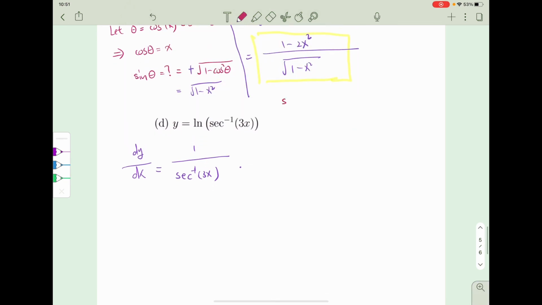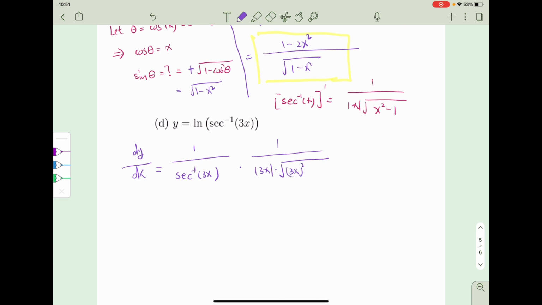I'm writing that here to remind you, it is a little bit complicated. The derivative of this is equal to 1 over absolute value of x times square root of x squared minus 1. It's very complicated. And then we apply it here. So it becomes absolute value of 3x multiplied with square root of (3x) squared minus 1.